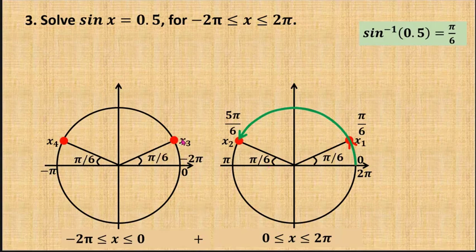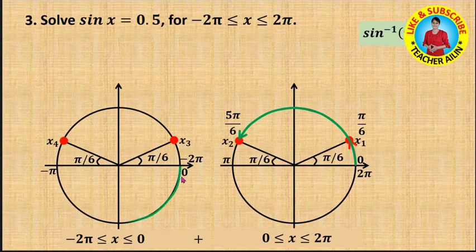For angles x3 and x4, since they are negative angles, the direction should be changed to clockwise direction. So, to find the value of x4, we start from 0 to x4 in the clockwise direction.